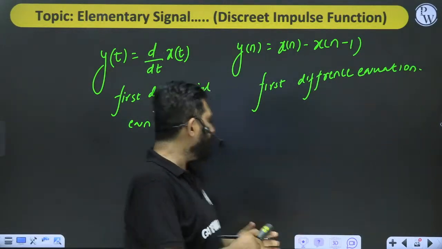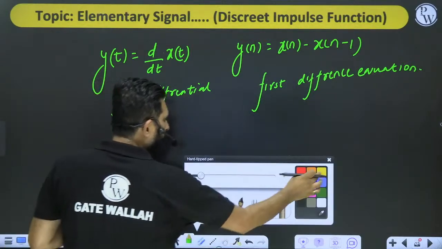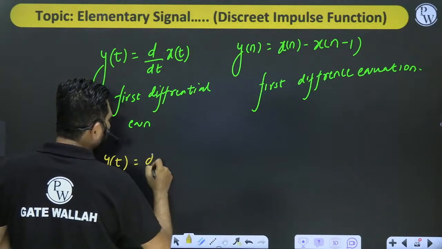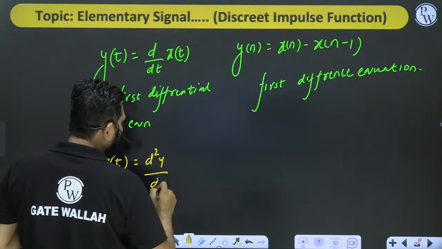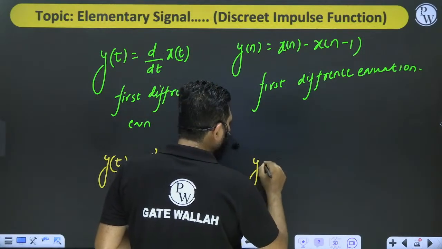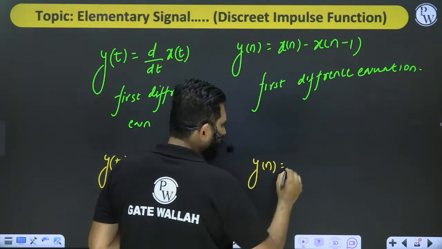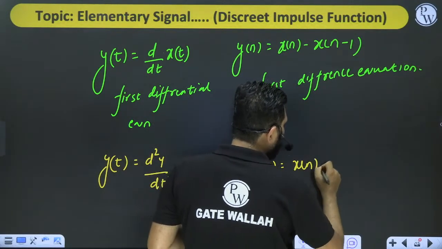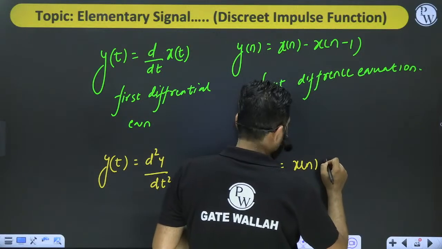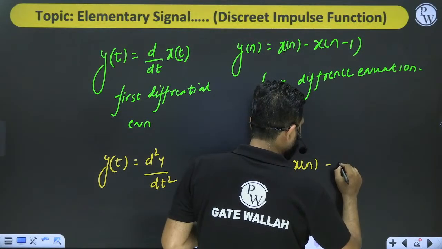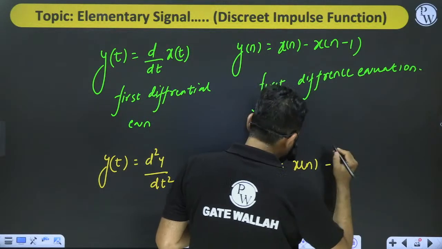Similarly, we have a second differential equation, which means I have y(t) equal to d2y by dt2, and hence prove that y[n] is equal to x[n] minus, you can find out.